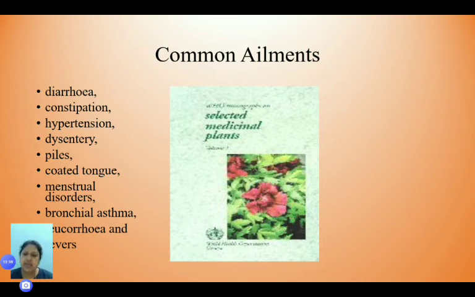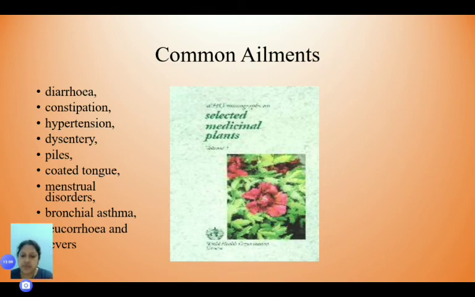And you can see it is used in some common ailments like diarrhea, constipation, hypertension, dysentery, piles, coated tongue, menstrual disorders, bronchial asthma, leukorrhea, and even fever. So it has been used traditionally and over the past two decades.